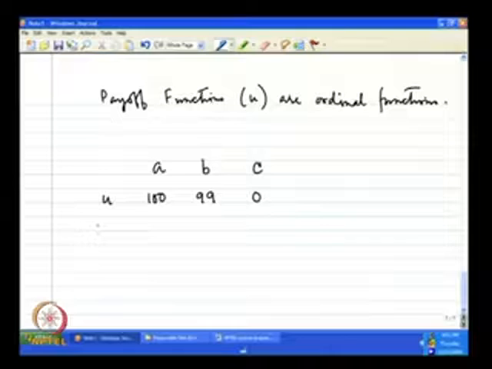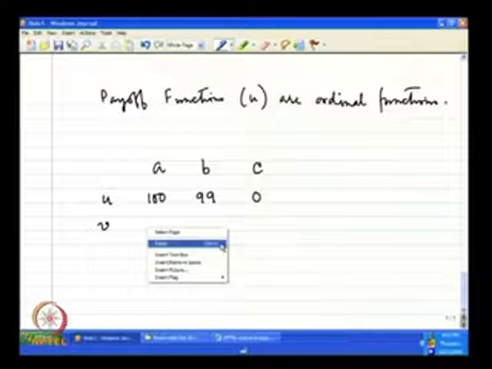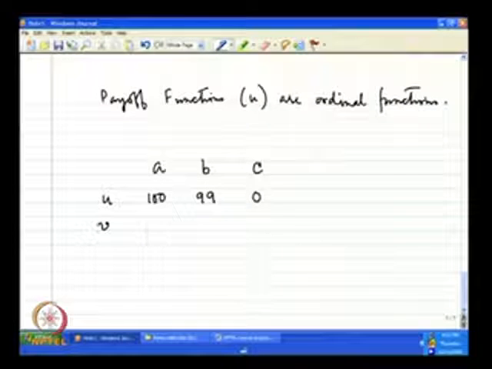Now, suppose there is another function V, and if I apply V to A and B and C, the numbers are the following. Sorry, 100, 1 and 0.